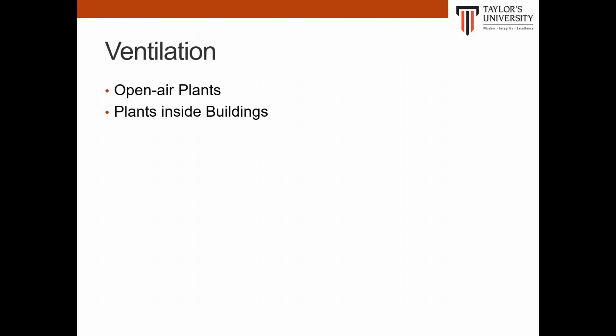However, frequently, processes cannot be constructed outside. So if, let's say, a plant has to be built inside a building, in this case, local and dilution ventilation systems are required, as we discussed earlier in Chapter 3, Industrial Hygiene. Local ventilation is one of the most effective methods to control flammable gas release.